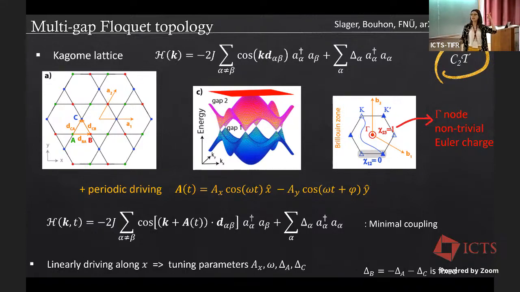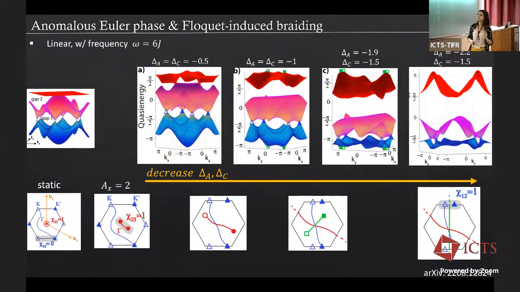So A_x, frequency omega, and 2 sublattice offsets. The third one I just set to gauge the rate, to center the bands. So 4 parameters; I will play with these and show you what kind of cool things we can do.